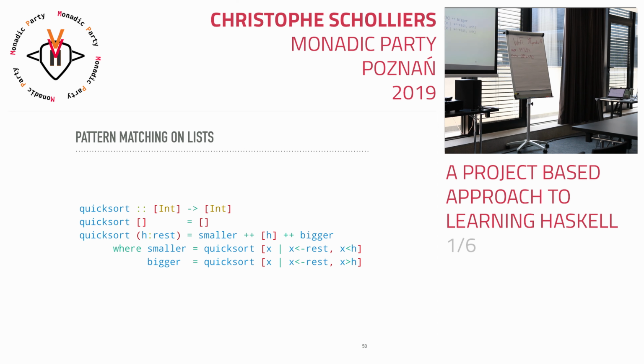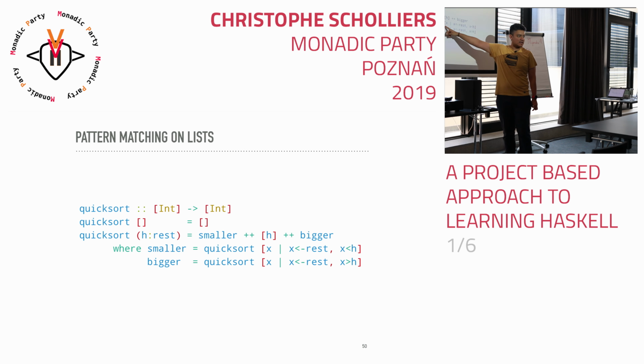There is a lot on this slide. And so then we are going to make two new lists. Yeah? We are going to make a list of all the elements which are smaller than this head element. And then we are also going to make a list which is bigger than this head element. So how do we do that? Well, we use what is called a list comprehension. And in mathematics, you probably all remember.